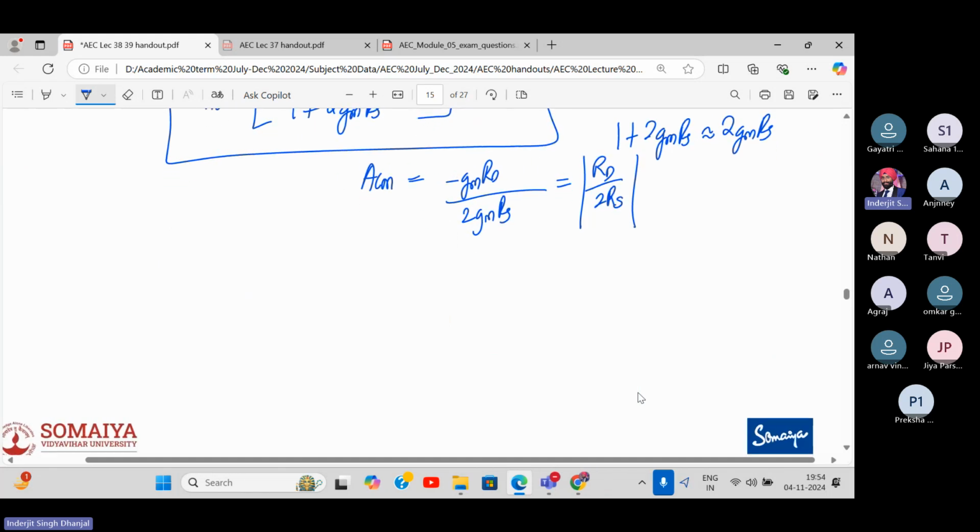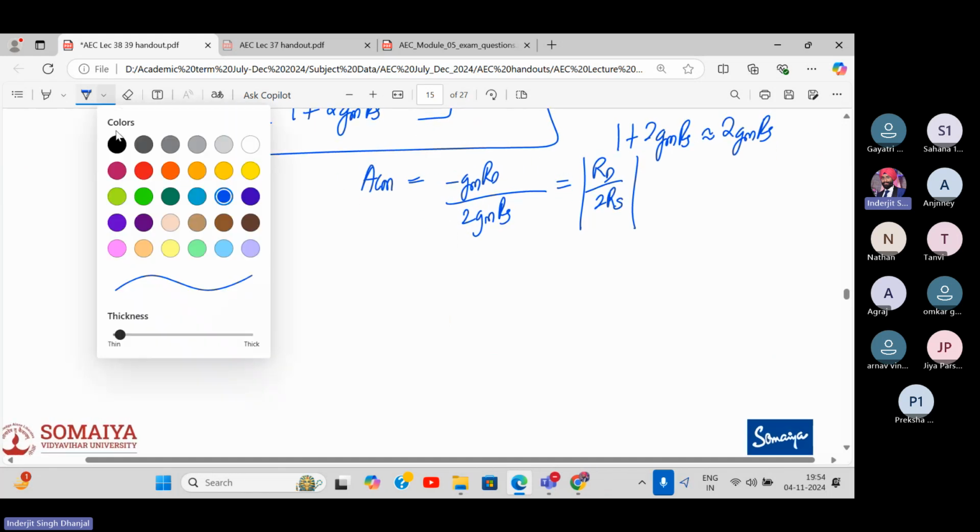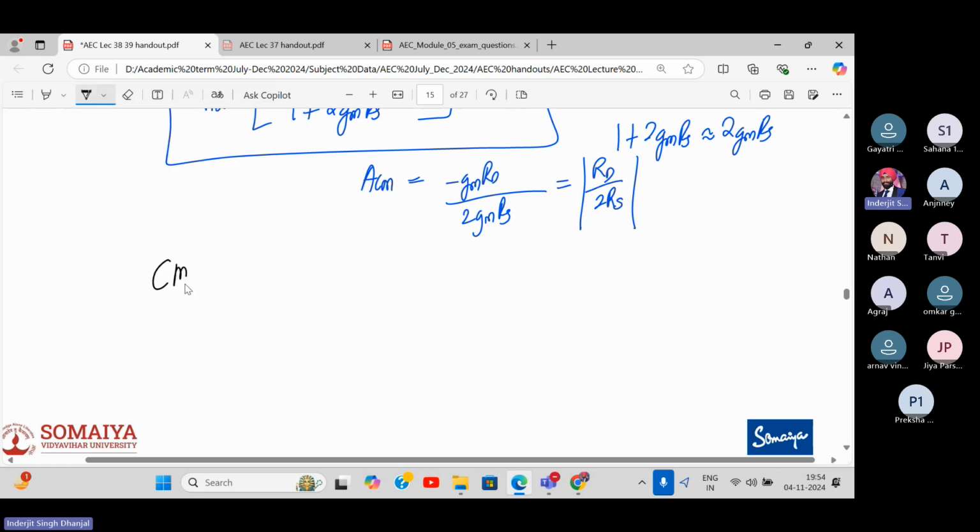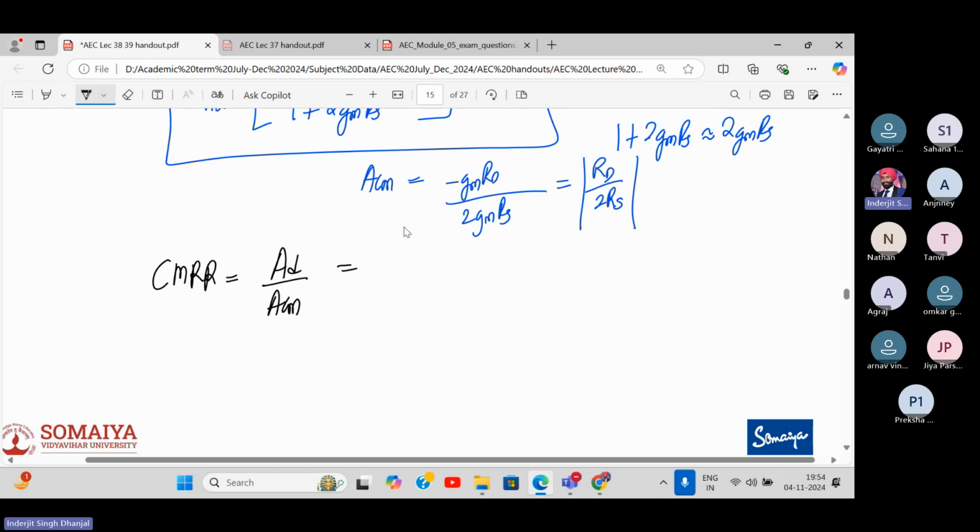Now, if someone wants to calculate the CMRR formula, how can we derive it? So CMRR is AD upon ACM. What is AD given by? GM RD. And what is ACM given by? RD upon twice RS. Let's use this approximate formula.